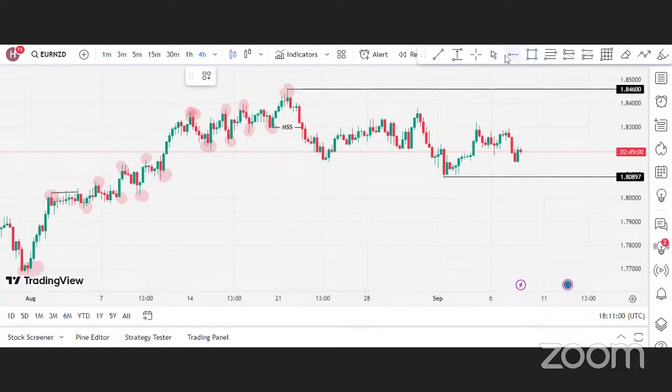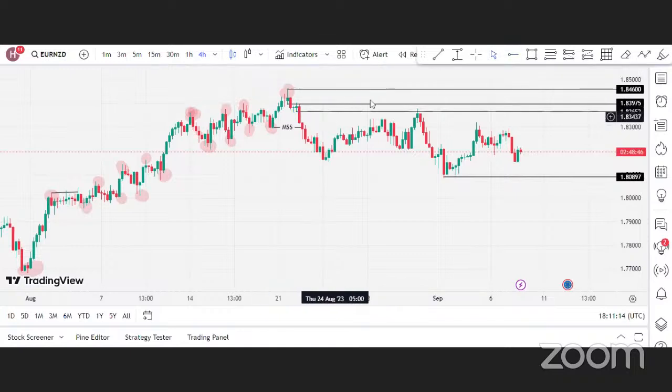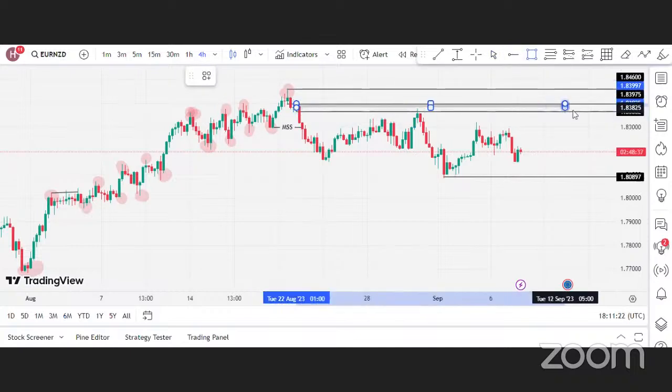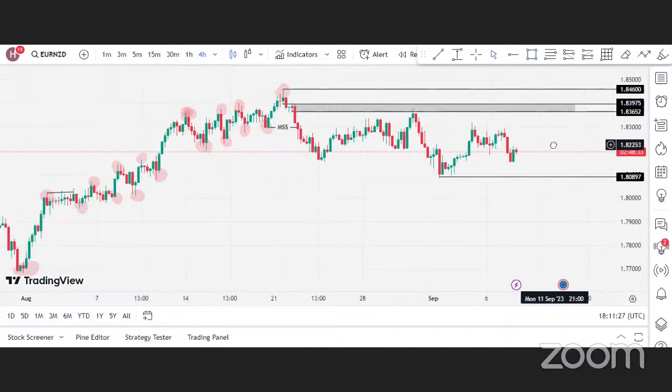So we have supports and resistance in the market. Now, how do we identify our major support and resistance zones? There are different ways to identify your support and resistance, but since this is a newbie session, I don't want to go into something that will be confusing.